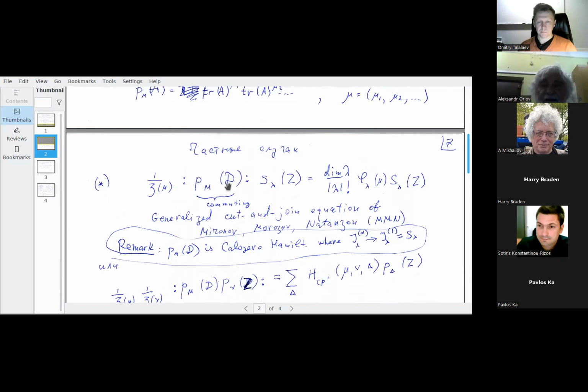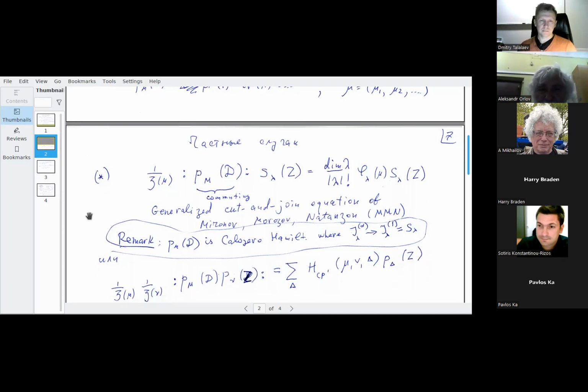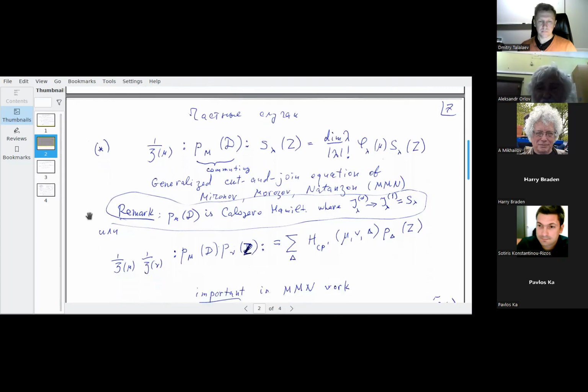And if it acts on a symmetric function of matrix Z, then its radial part is exactly the Calogero Hamiltonian, up to some conjugation with the Vandermonde. Yes, it is the Hamiltonian of the quantum Calogero, but at a special point, the point when the Jack polynomial is the Schur polynomial.